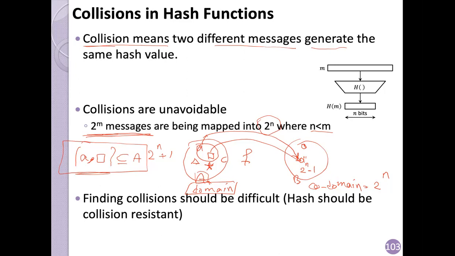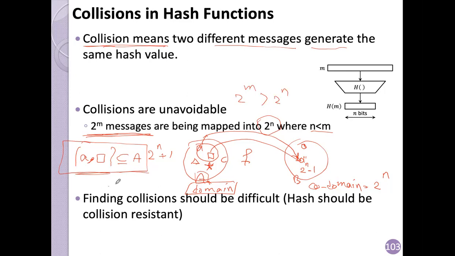Of course, from the security standpoint, we want to reduce the number of collisions as much as possible. But from the math point of view, we know that it's impossible, because it's basic math: 2 to the power of m is bigger than 2 to the power of n, so you will end up having some pre-images.